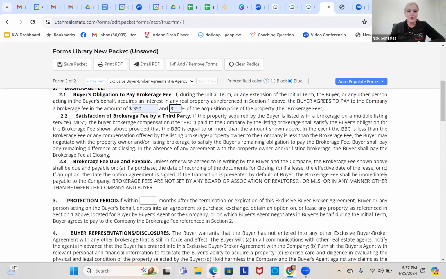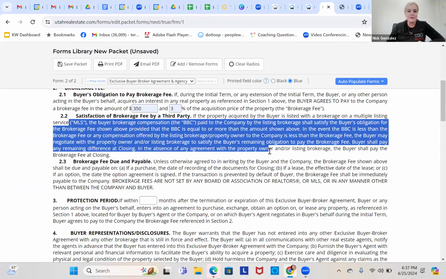So basically what the rest of this says is that if the seller does not agree to pay that 3% and the $350 that I charge, it is the responsibility of the buyer to make sure that they can cover that fee. So we do want to do our best to negotiate that with the seller, but we also want the buyer to understand that if we do not get that paid by the seller, the buyer has to pay that.